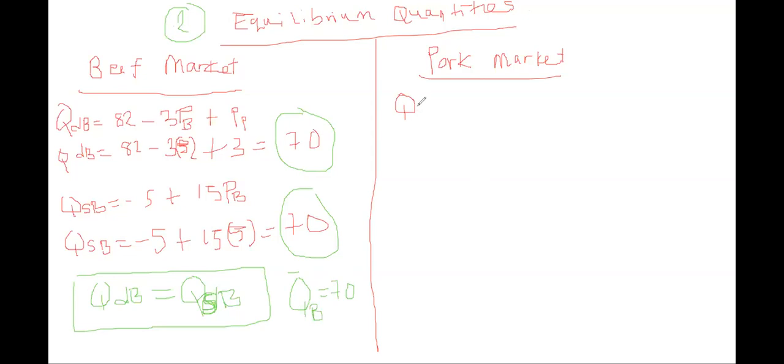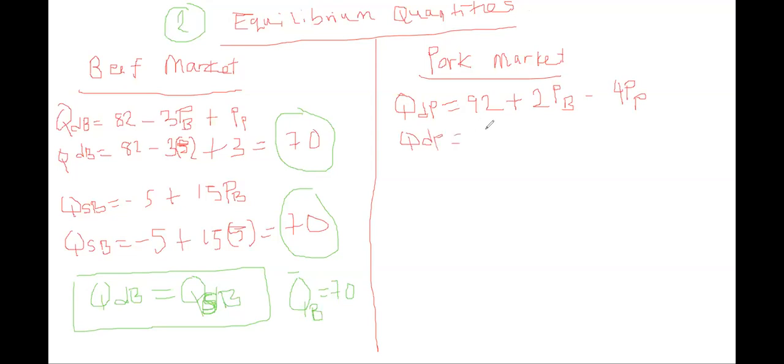We can continue, please. So the quantity demanded for pork, the equation was given as 92 plus 2 times the price of beef minus 4 times the price of pork. So all you need to do is just substitute what we know so far.